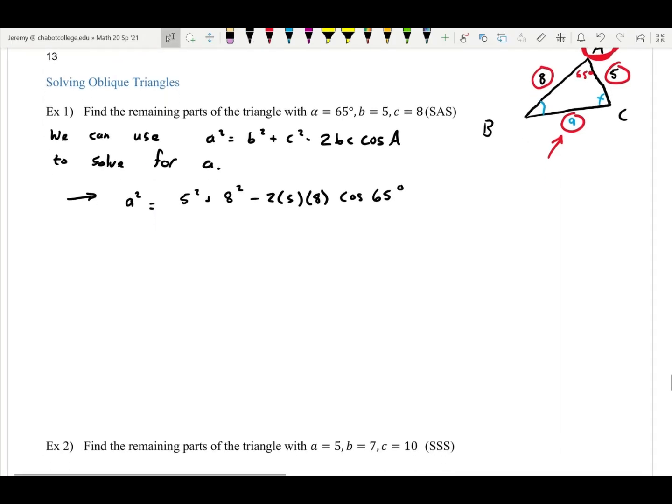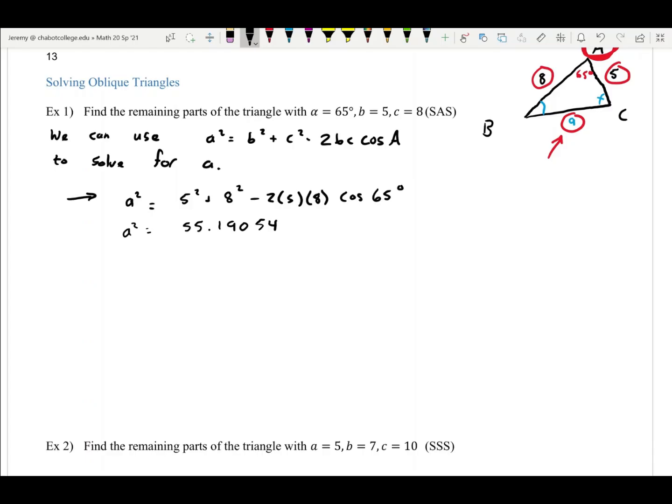All right, so I just typed this all into my calculator in one long expression. And on the right side, I end up with about 55.1905. I just round it to 5 decimal places.